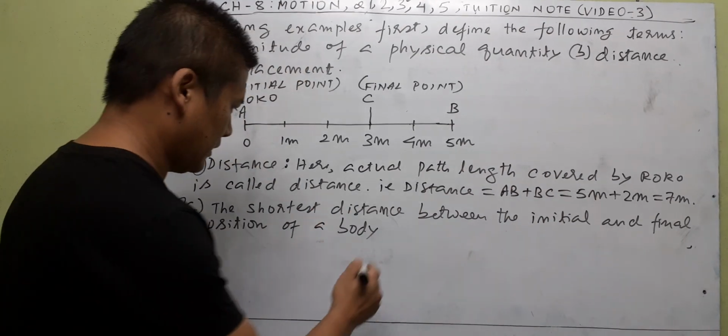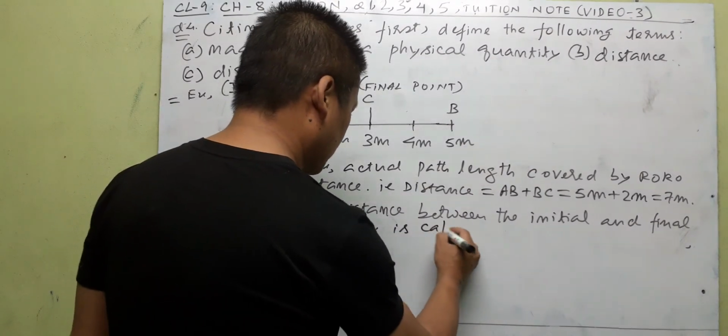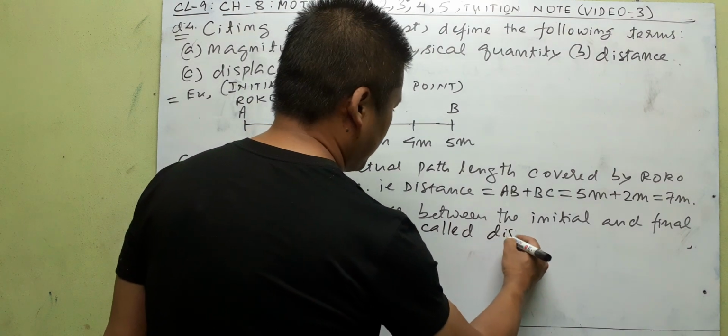The shortest distance between the initial and final position of a body is called displacement.